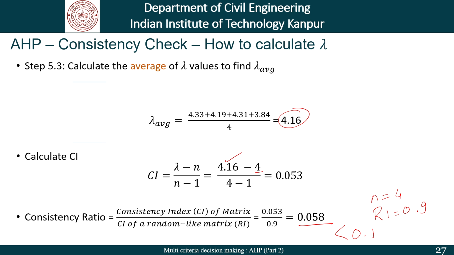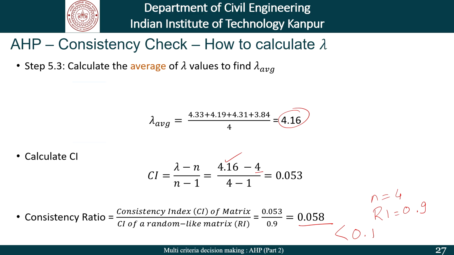Now, after this, I encourage all of you to check the consistency ratios of all the other pairwise comparison matrices which we have discussed in this example for selecting the right car. Try to solve it on your own.